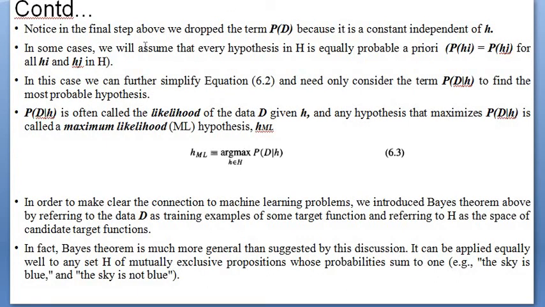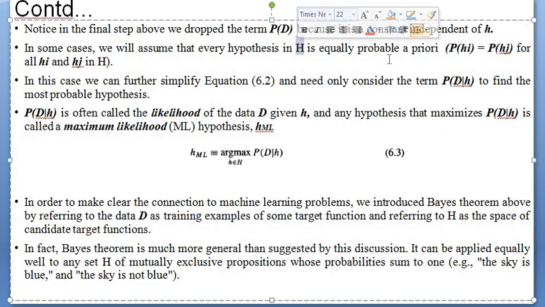So in some cases we will assume that every hypothesis in the hypothesis space H is equally probable a priori. In some cases, if we don't have any background knowledge, what we will do is assign equal probability to each and every hypothesis present in the hypothesis space.